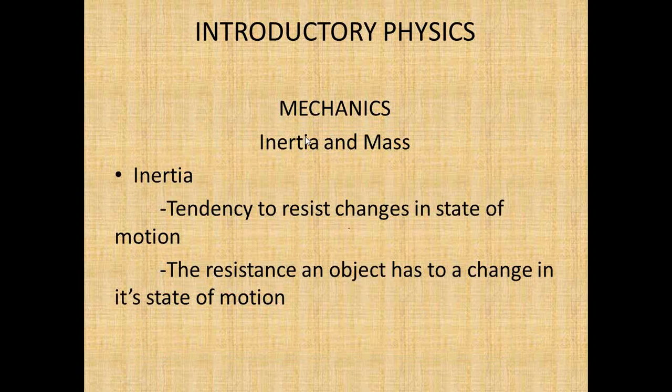So let's look at inertia and mass, because these are important terms. Newton described these, so you have to understand what inertia and mass are. Inertia is a tendency to resist changes in a state of motion. The more inertia an object has, the more it's going to resist a change in its state of motion.